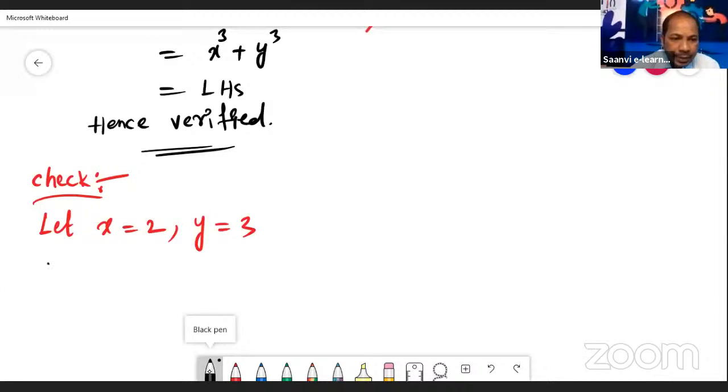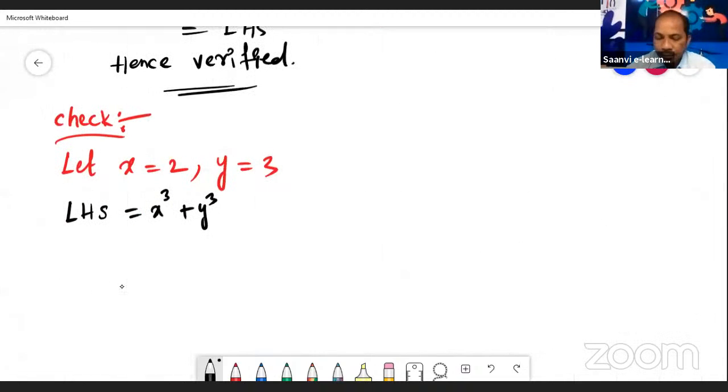So first of all, take LHS. What is given here? x cube plus y cube is given. So x cube means 2 cube, since we have taken the x value as 2, plus y cube means 3 cube, since we have taken the y value as 3. 2 cube is 2 into 2 into 2, 2 multiplied 3 times. 2 2s are 4, 4 2s are 8.